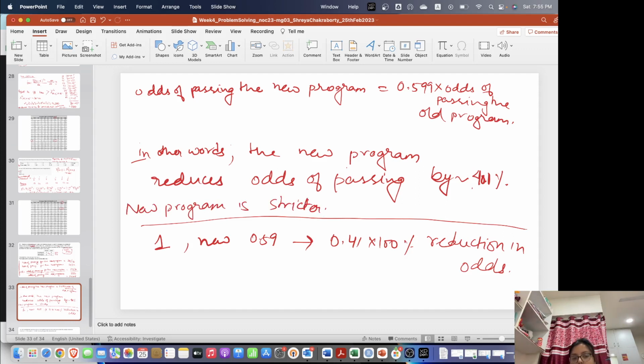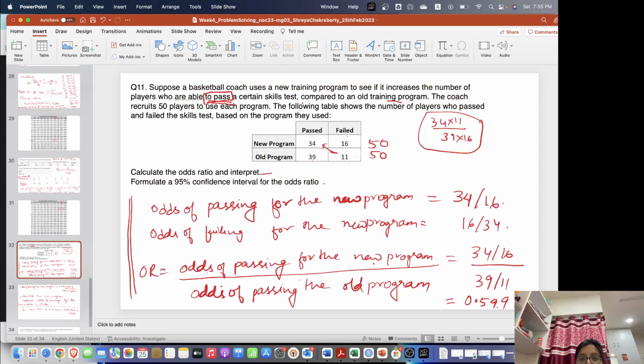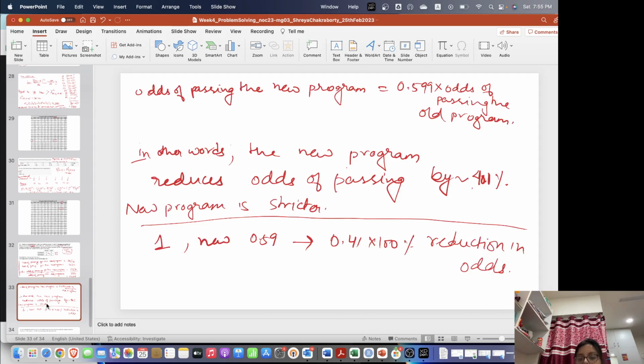This is in terms of the interpretation, because here the coach wants to see an increase in the number of players, but the possibility of increasing the passing rate is becoming low. Okay, am I clear? Is this part clear?